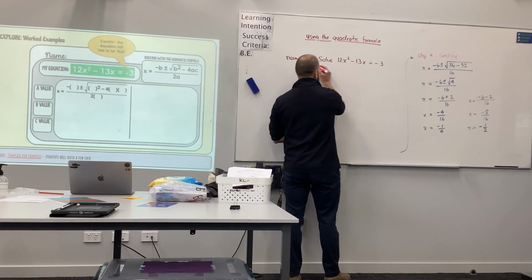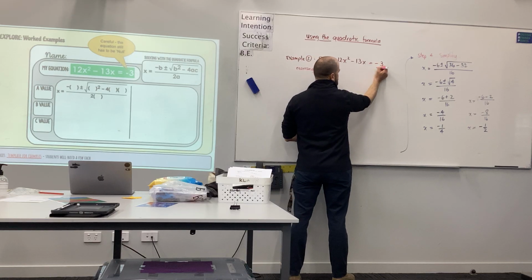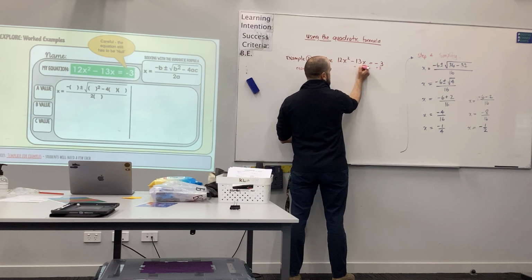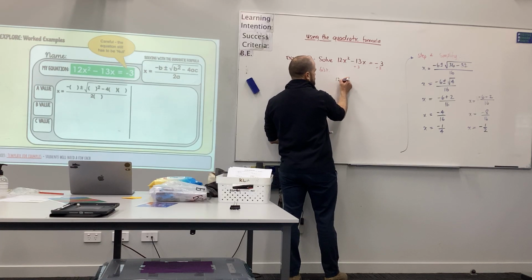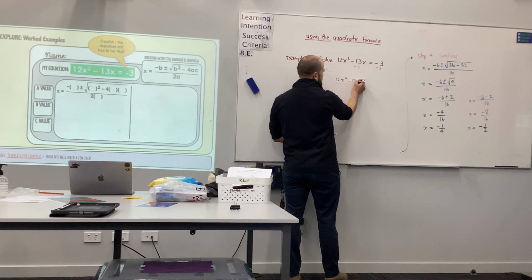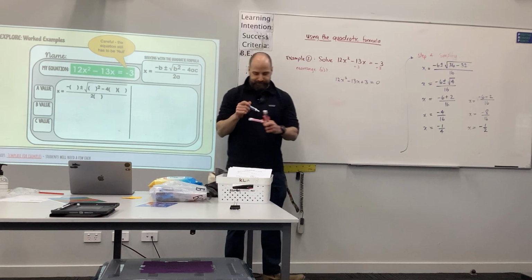So I've got the extra step where I rearrange first. And to rearrange, I'm going to add a 3 to both sides so that my equation becomes that.